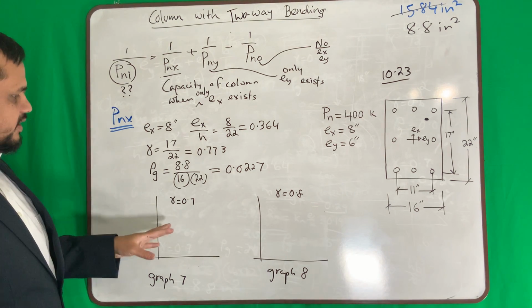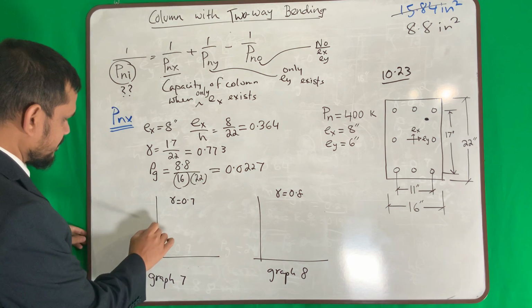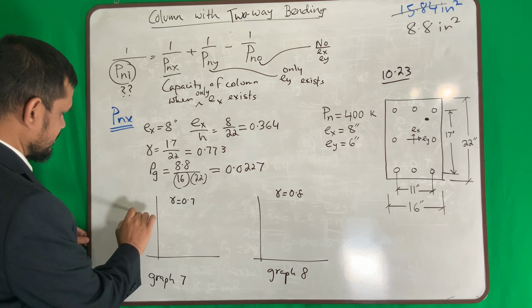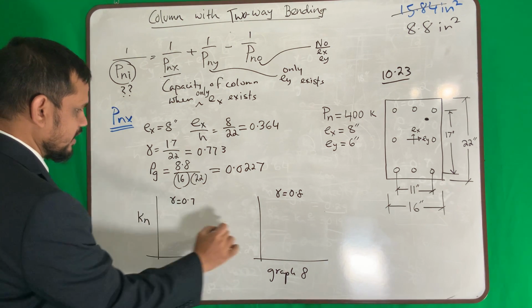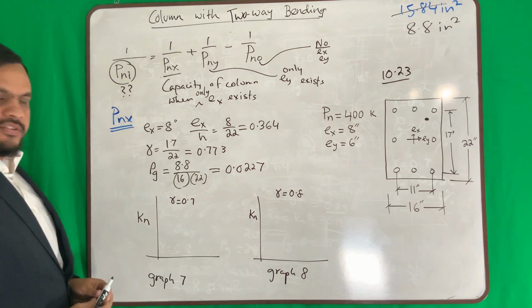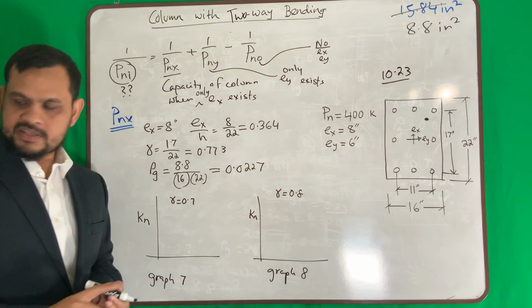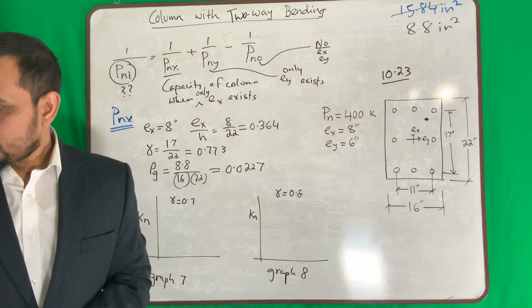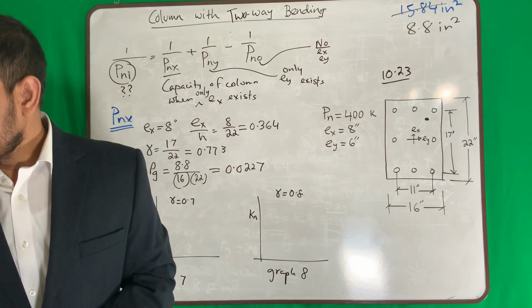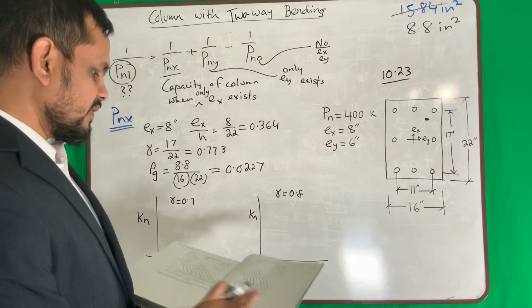So we will find these two values, use this value and this value, and find Kn here and Kn here. This will take time and some patience. Your book did not give us any answer here, so I will have to find it.